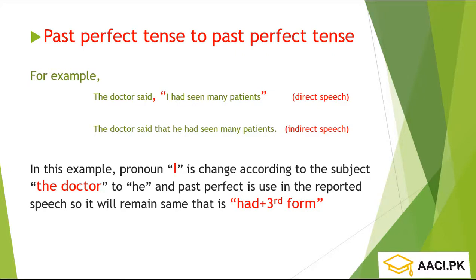In the indirect speech, we can say the doctor said that he had seen many patients. Only we change the pronoun I into he, the subject, that is the doctor, and past perfect is used in the reported speech, so it will remain as it is, that is had plus third form of verb.